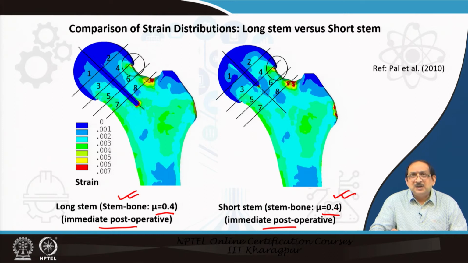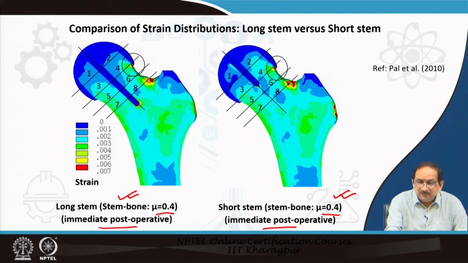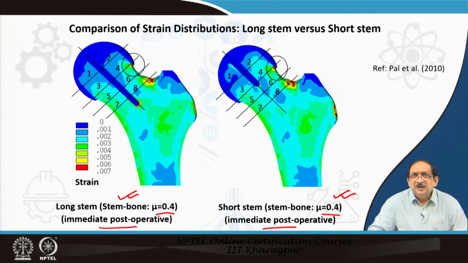Now, it can be observed that the short stem resurfacing implant actually generates a more physiological stress distribution as compared to the long stem. This is very clearly evident in the figure presented in the slide.